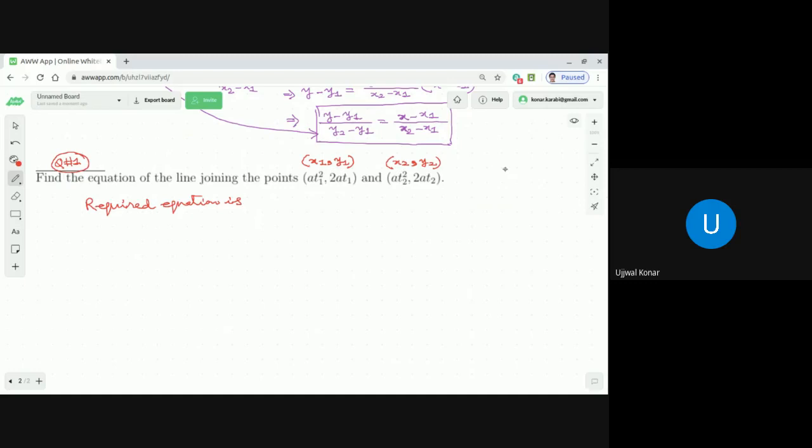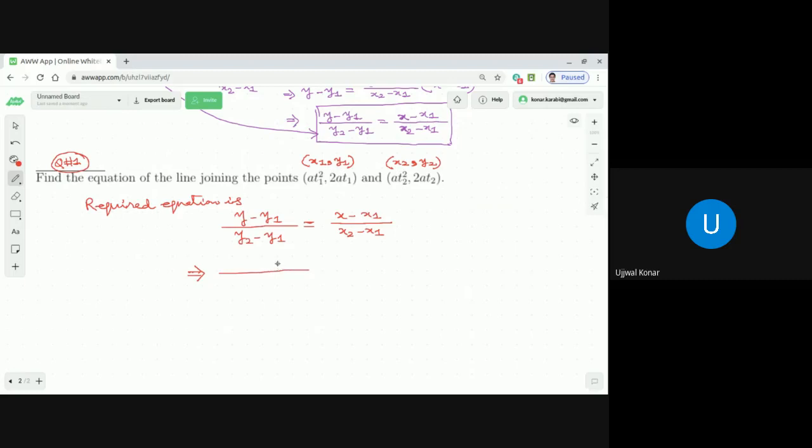So what is the equation of the straight line? It is y minus y1 divided by y2 minus y1 is equal to x minus x1 divided by x2 minus x1. Correct? Now we can find the values of x1, y1, x2, y2 in terms of at1 square, 2at1, whatever is given.